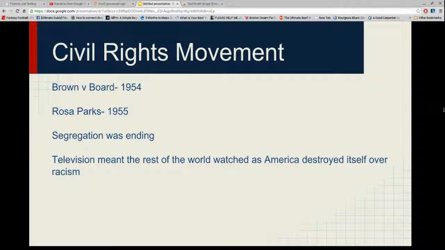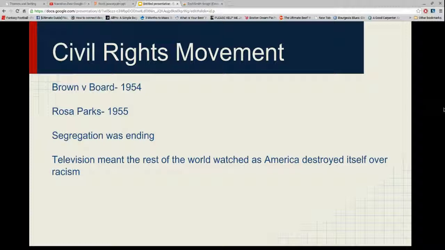Rosa Parks occurred in 1955. You should know the story about it. She refused to move to the back of the bus, and this helped spur the Montgomery bus strike and the Montgomery sit-in. Segregation was ending throughout at least the North and parts of the South, but it was still prevalent.